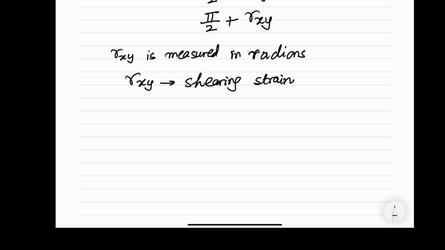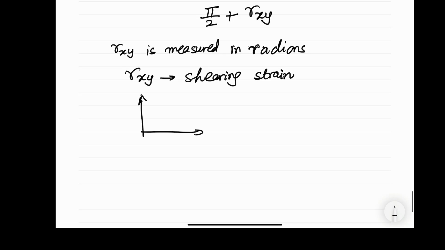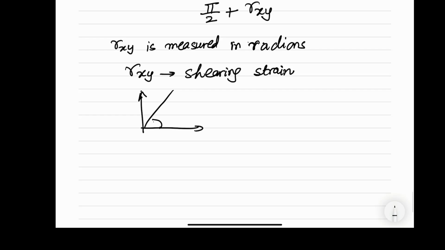Now, if this is x and this is y, then this gamma xy is what we call as positive. So this is pi by 2.